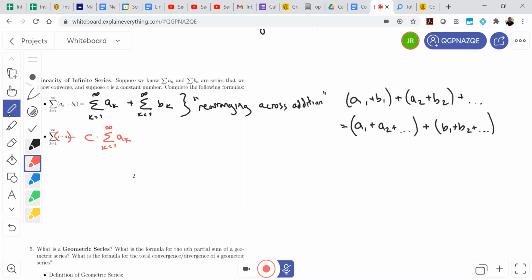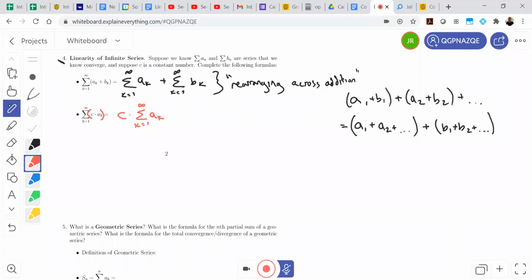But if we have an infinite list, it becomes less clear, at least to me, that we can arrange these so that we're adding up infinitely many A's first and then infinitely many B's. And so a moral to be concerned about is, as always, when we deal with infinity, things get weird. So we always have to be a little careful.